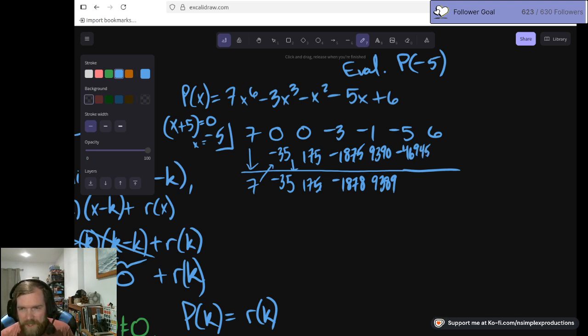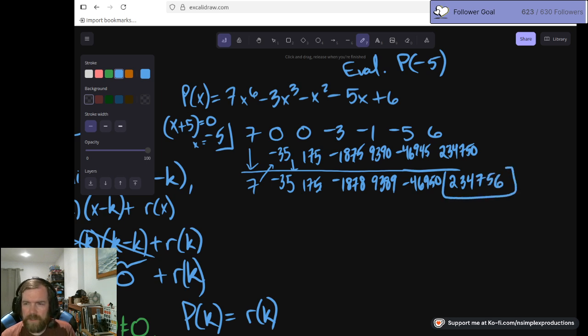And that's also negative, so negative 46,950. Times 5 is going to be 234,750. And now 6. 234,756. That is the remainder.